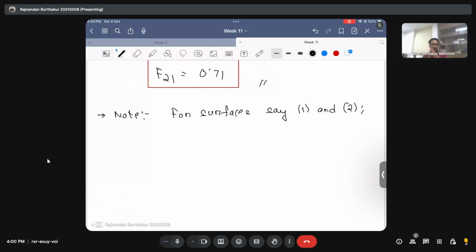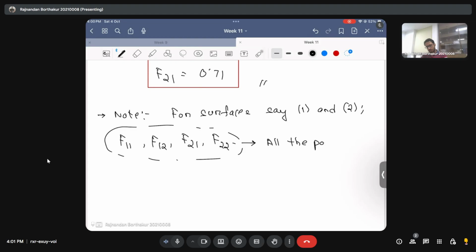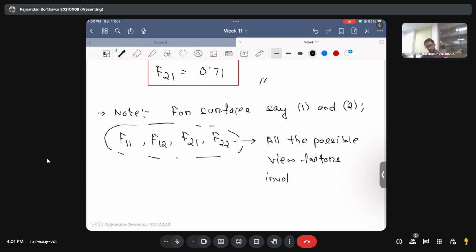So the total number of view factors that can arise is 4, because you can have F11, F12, F21, and F22. So this is nothing but all the possible view factors involving 1 and 2.